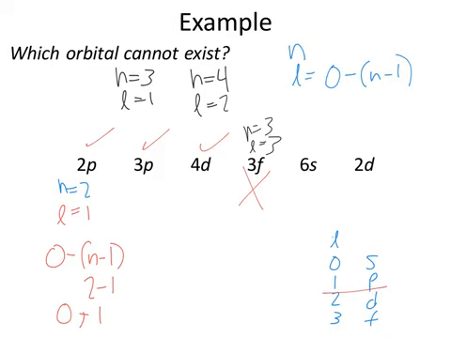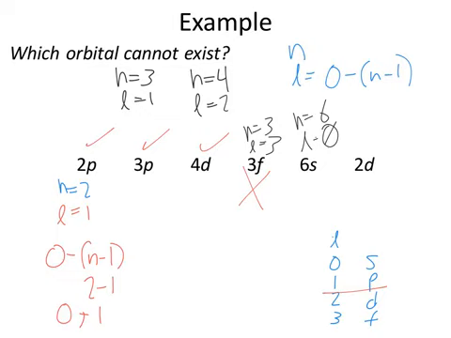If we go to the next one, 6s, so again, our energy level is going to be 6, so n is equal to 6. Our L is s, so that is characterized by the L value of 0. And sure, absolutely, L can be any value 0, 1, 2, 3, 4, or 5, because n minus 1 is 5.